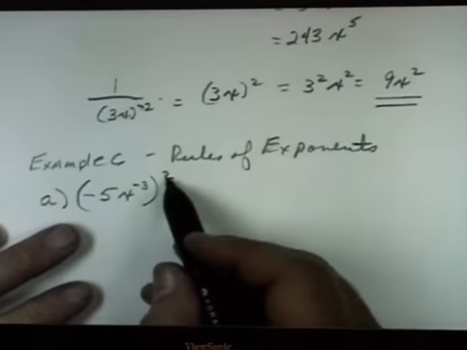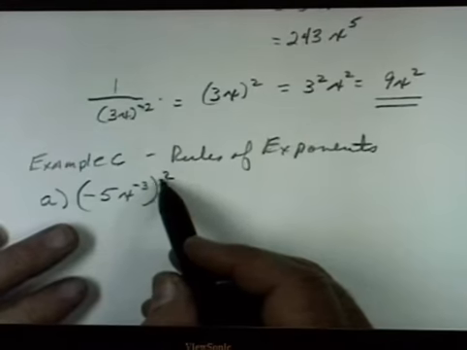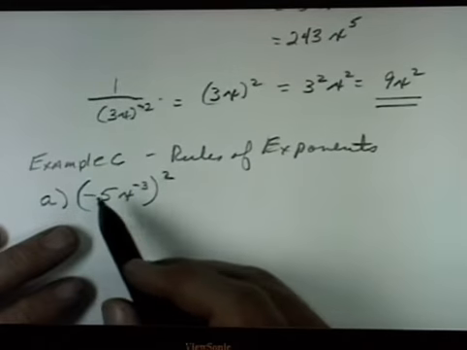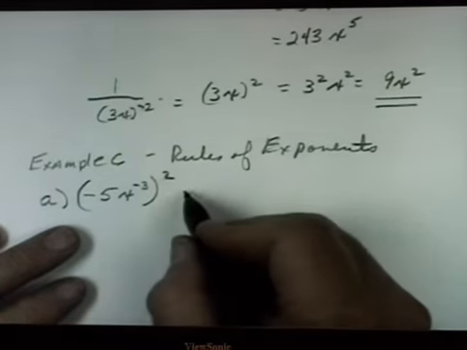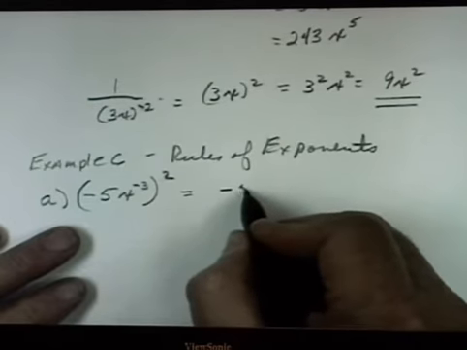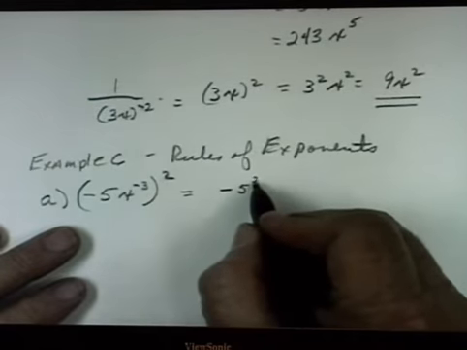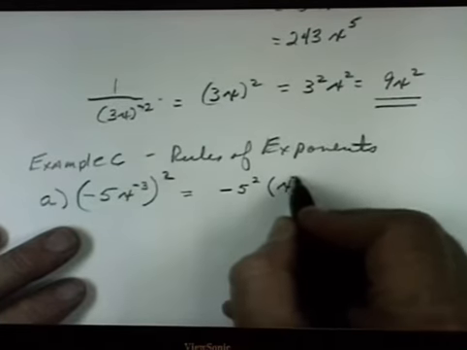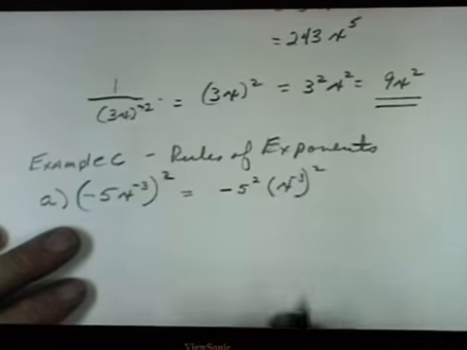Well, we're going to evaluate by working with this outer, we're going to work from the outside in with exponents. So this is going to be the same as a minus 5 squared times x to the minus 3 squared.